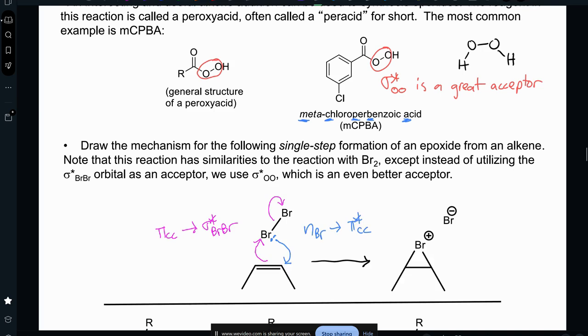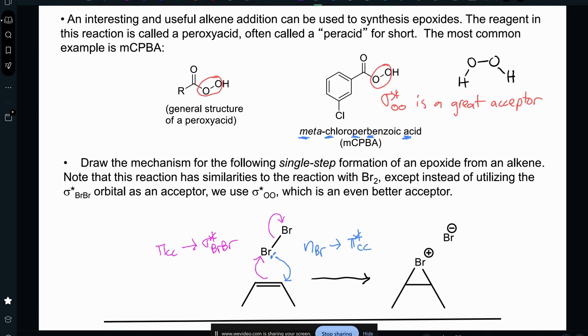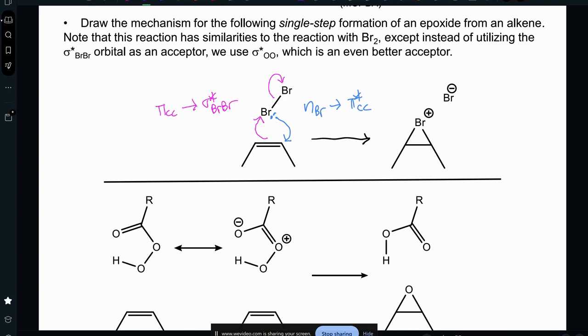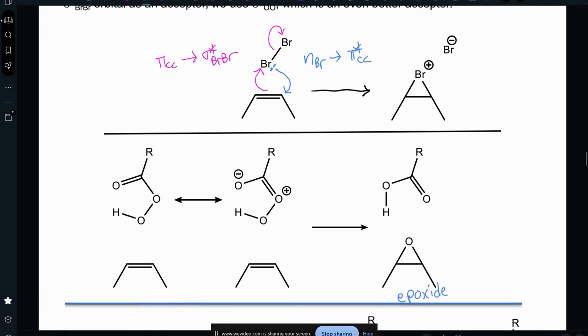So my peroxy acid generally looks like this, where I have carbon double bonded to oxygen. This is the key part of it. Carbon double bonded to oxygen, single bonded to oxygen, single bonded to another oxygen. I've just redrawn it below in a different geometry, and I took away the R group just for simplicity's sake.